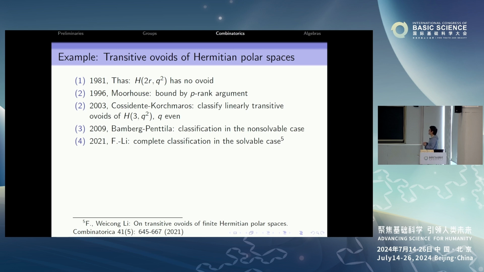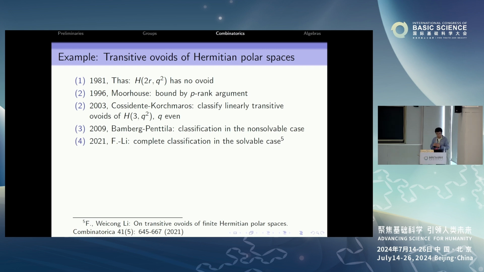Assuming that there's a group that is transitive on such an ovoid, the final solution is in 2021 by me and my former PhD student, Weitong Li. So we see that in 2003 they classified.